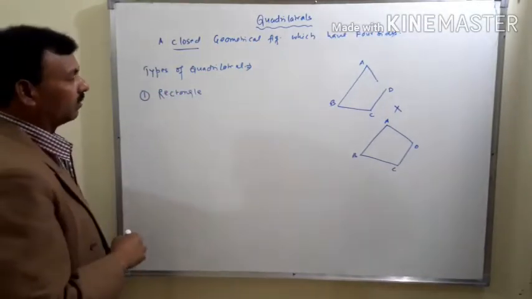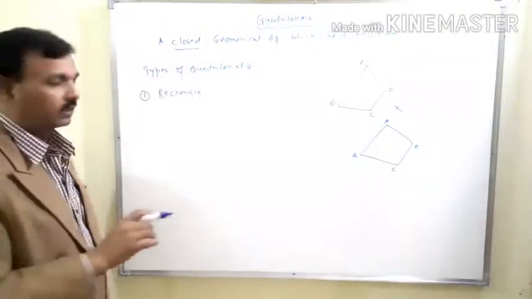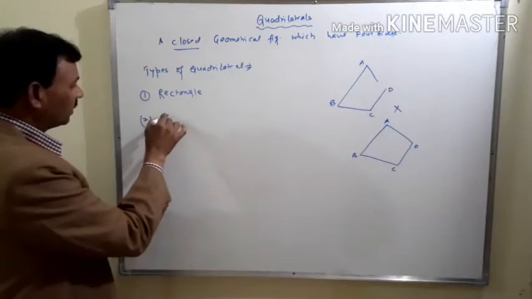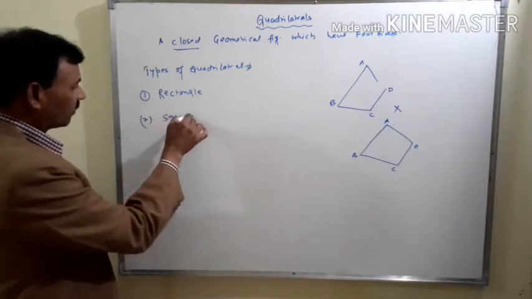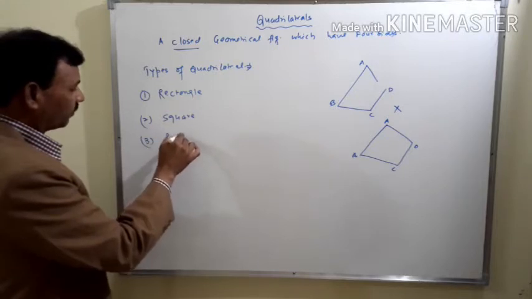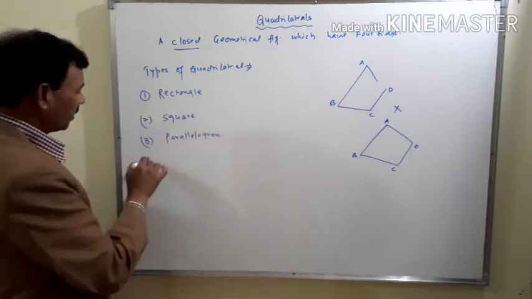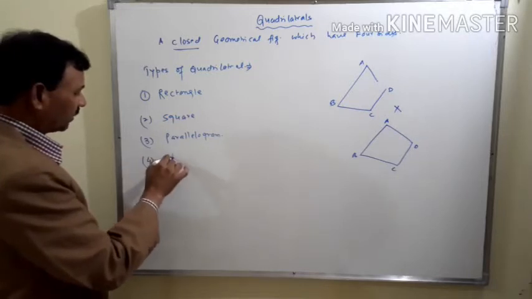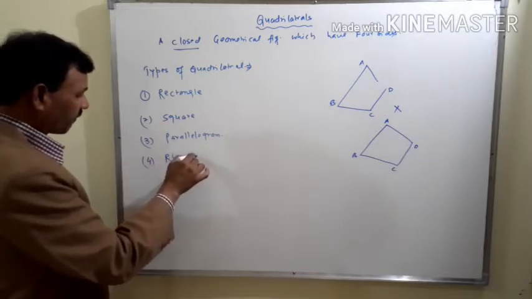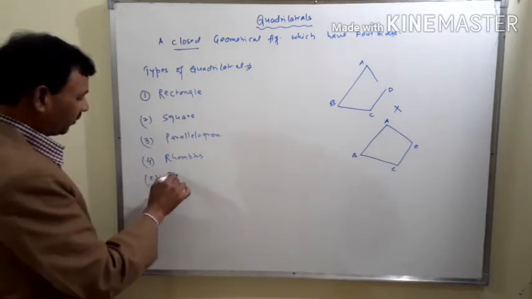A rectangle is a quadrilateral because a rectangle has four sides and it is a closed figure. Second is square. Third is parallelogram. Fourth is rhombus. Fifth is trapezium.